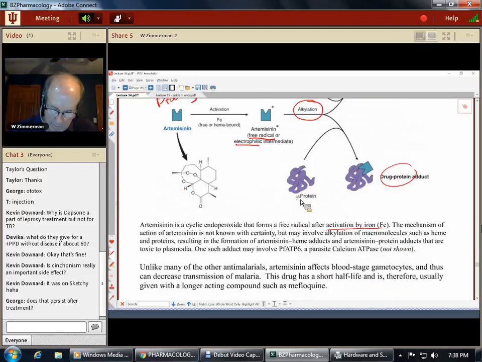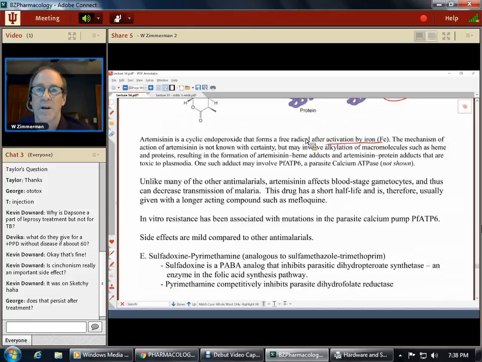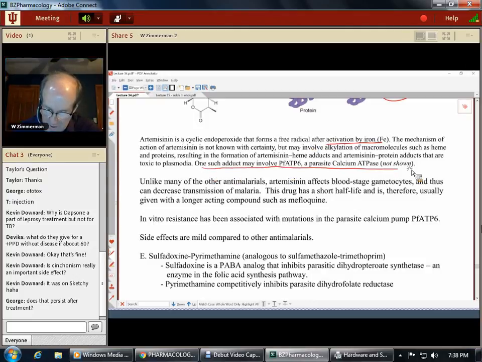Probably by inhibiting a calcium pump is our best guess. One of these adducts that's formed is the Plasmodium falciparum ATP6. It's a sort of a calcium ATPase transporter. So that's our best guess.